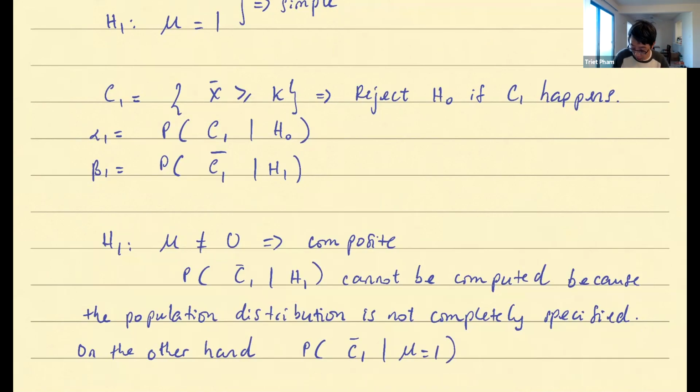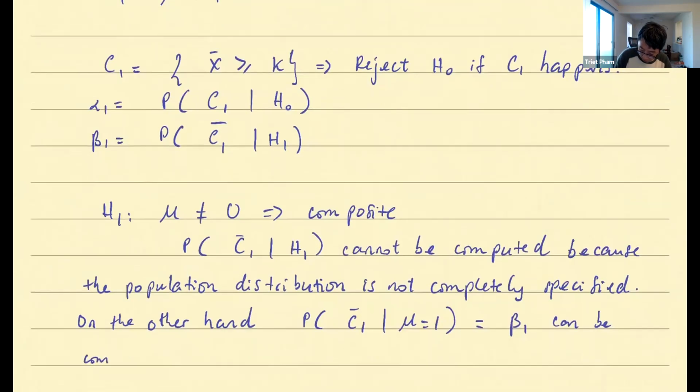Suppose that for some reason we know exactly that mu equals 1, then this is under the alternative hypothesis, and this is still beta. This is still type 2 error, and it can be computed if we know more information about mu.